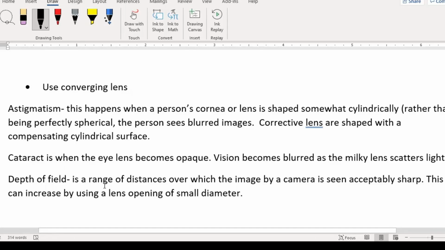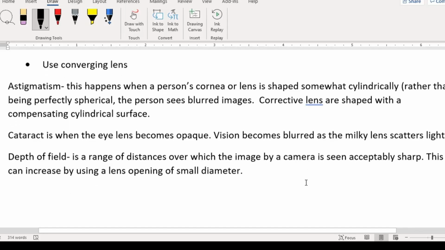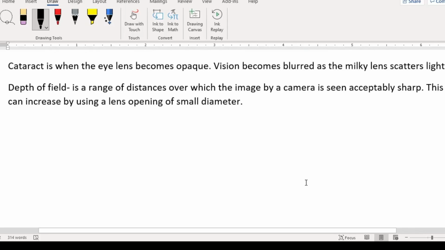Field of depth. Field of depth is simply a range of distance over which the image by a camera is seen acceptably sharp. It's not so easy to explain, but if you can remember what it is, then that will be good for you.